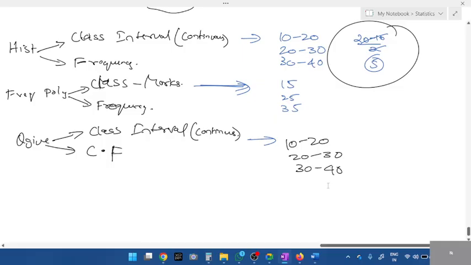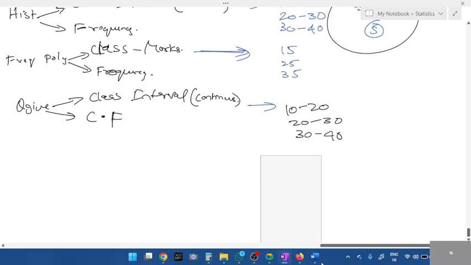All of you completed, done? Okay, last calculation, students. Any doubts in converting cumulative frequency to frequency?